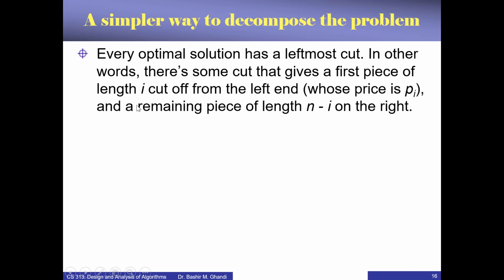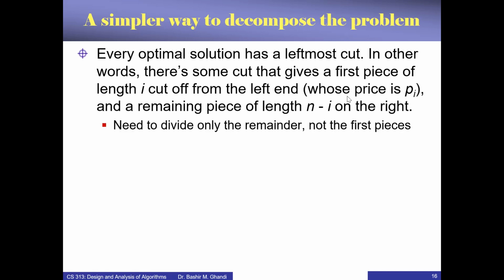So the first cut of length i to the left, and the remainder, which will be of length n minus i. If we think about it, any optimal solution we get is going to be of this form. So if we think of it this way, then we are actually reducing the problem into just one subproblem. Because the first part, the left one, no need to cut it any further. Only the right hand side we need to cut.